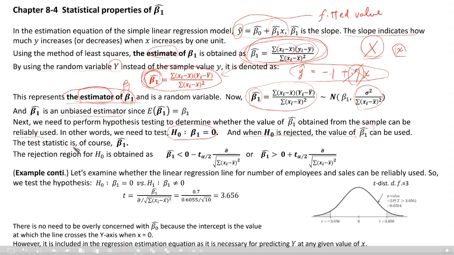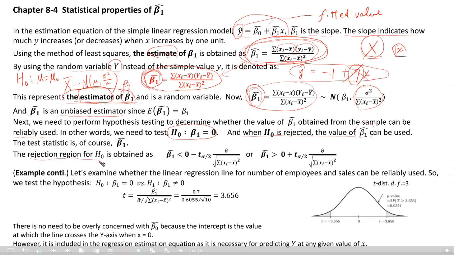The test statistic in this case, of course, is beta 1 hat, just as when we tested the population mean against some value. We had the test statistic x bar at the time, and x bar follows a normal distribution with mean mu and variance sigma square over n by the central limit theorem. Remember that material, then it will be simple.